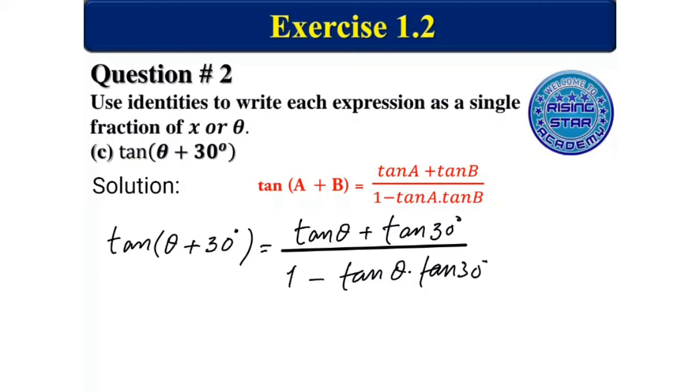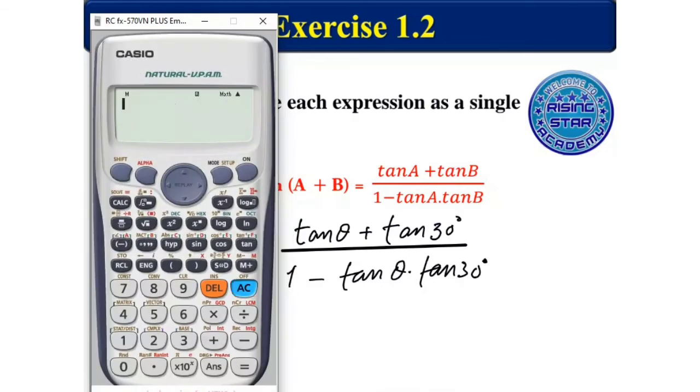Now we can use the calculator to find the value of tan 30. First of all, we need to convert our calculator into degree mode. Now tan of 30 is root 3 by 3.